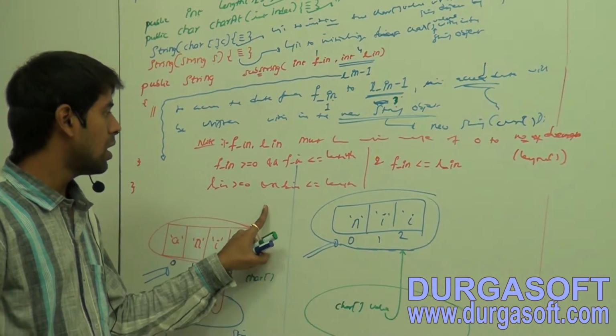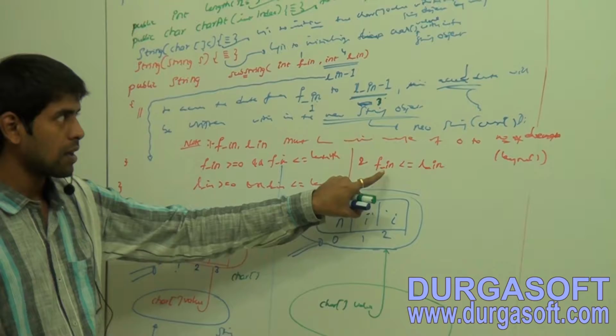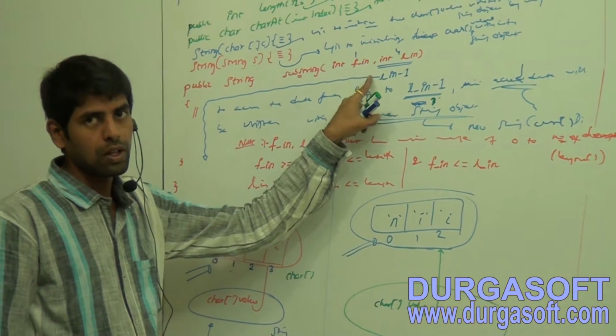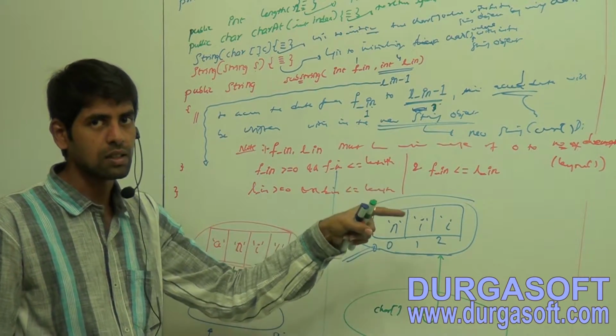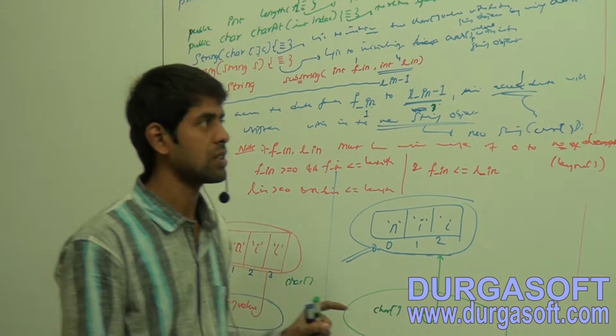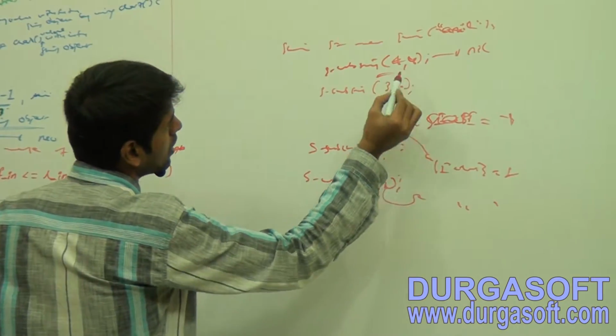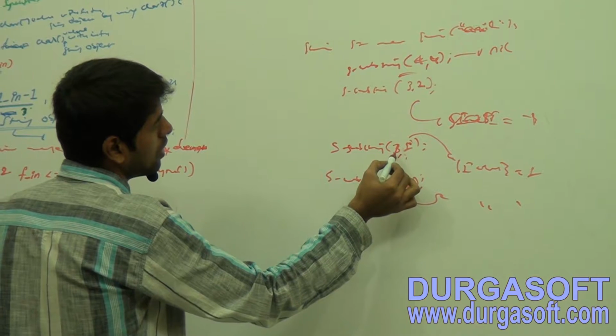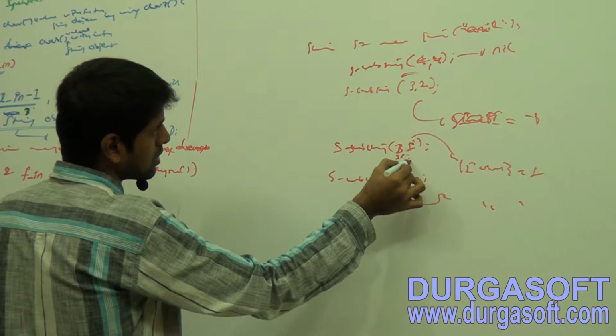And the other one is this: the first index value must and should be less than or equal to the last index. Also here, this one is the proof for less than or equal to the last index.